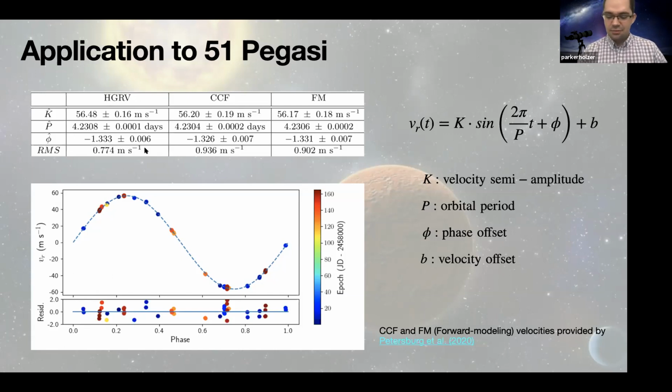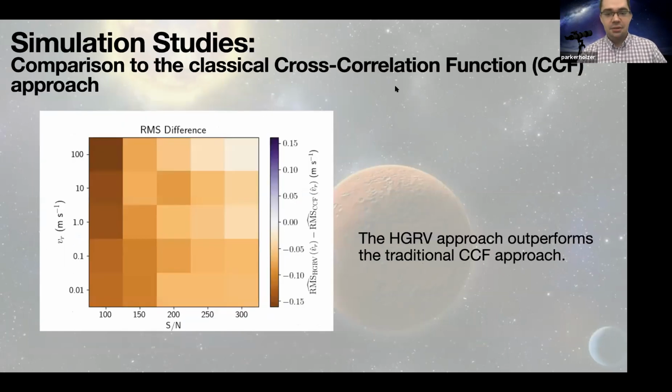And so we analyzed this a little bit further through simulation, of course. By analyzing the risk of this method and comparing it to the cross-correlation function, we get the results shown in this plot here.